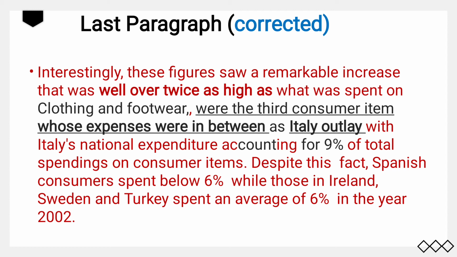Despite this fact, Spanish consumers spent below 6%, while those in Ireland, Sweden, and Turkey spent an average of 6% in the year 2002. So effectively, we have summarized everything and also made comparisons across board. That is what the goal of the last paragraph seeks to achieve.